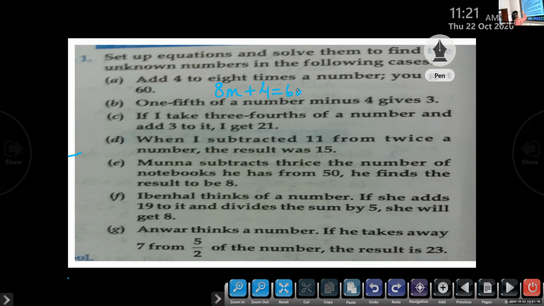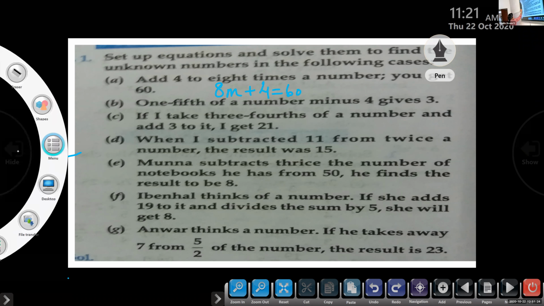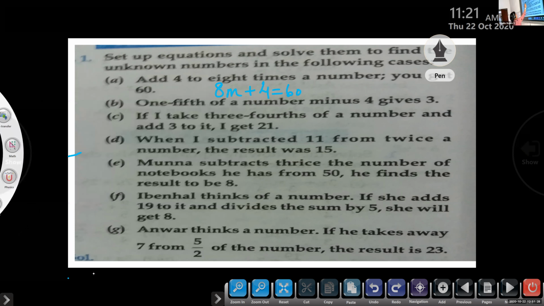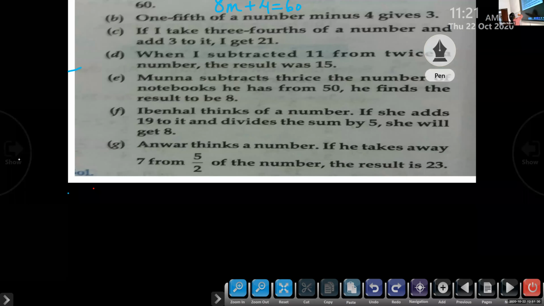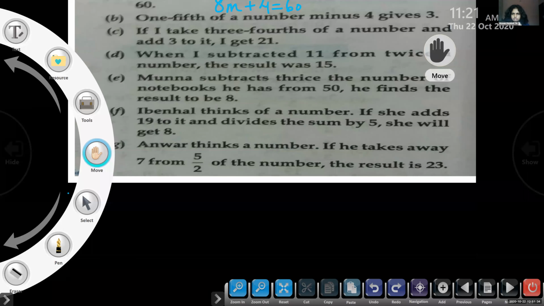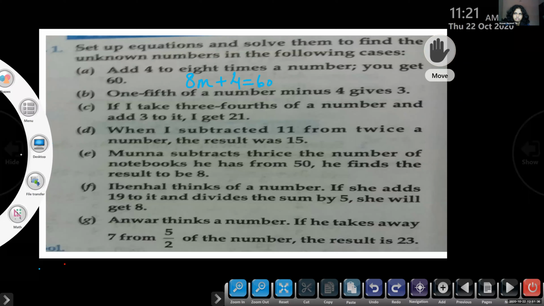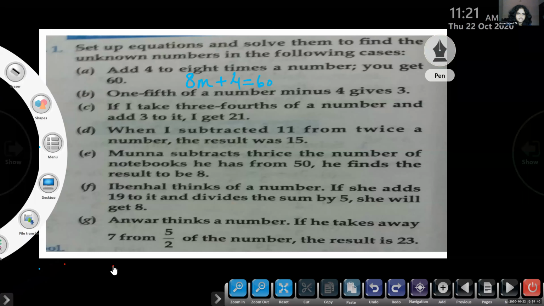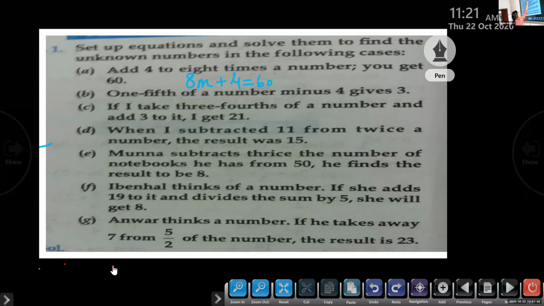Can you solve it and tell me the answer? Ma'am, 7. Yes, 7. I'll take another color. 8m plus 4 is equal to 60.